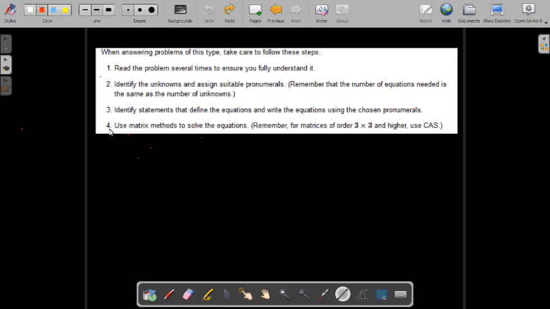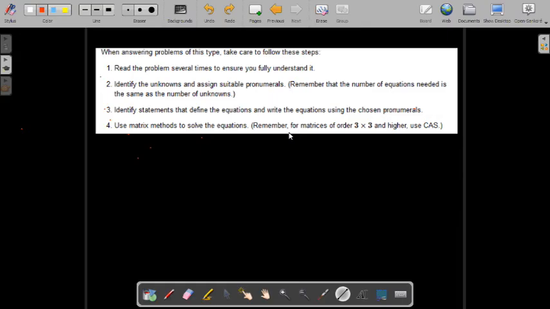Step 4 is to use the matrix methods to solve these. So the hardest part for the most part is going to be steps 2 and 3, identifying the unknowns and finding the equations from the information given. Step 4 is applying our matrix methods to solve the equations.